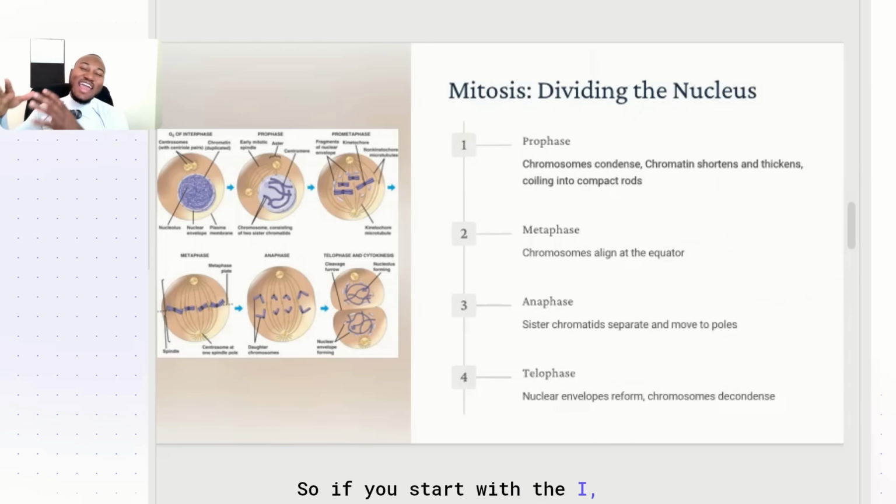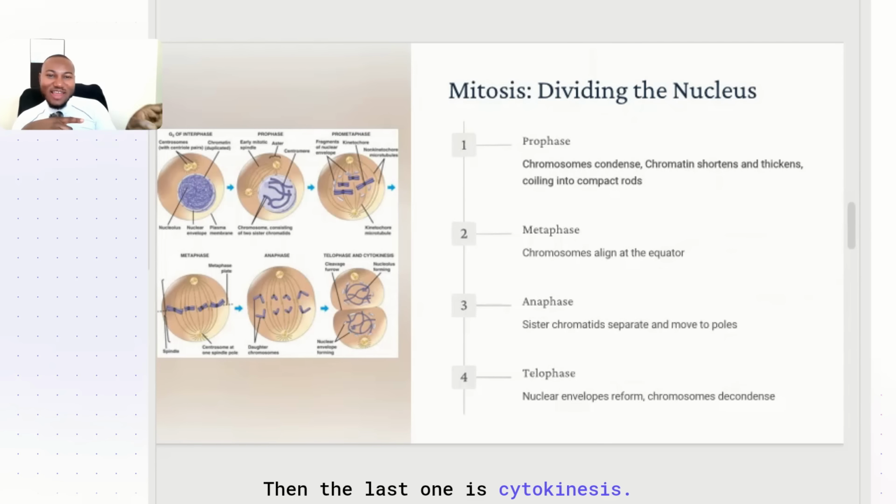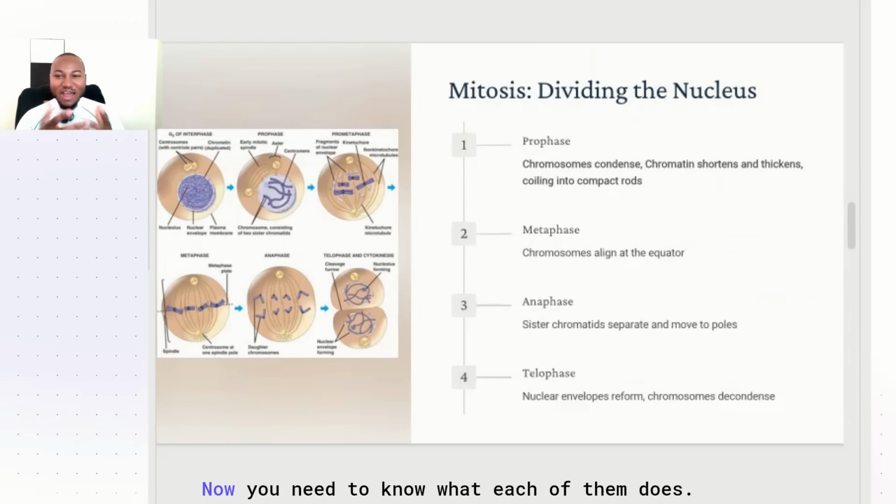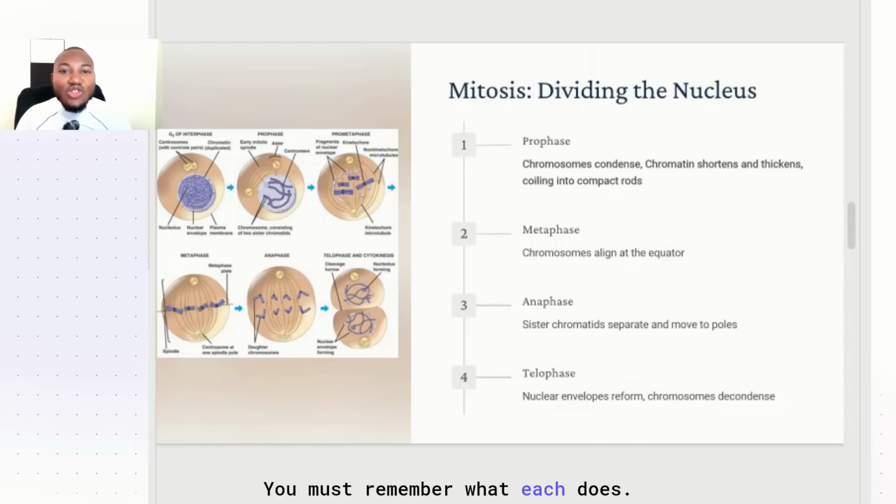If you start with the I, that's interphase, that's G1, S, G2. Interphase. I passed my anatomy test. Then the last one is cytokinesis completely. I need you to remember this. Very, very important. Now, you need to know what each of them does. We have the prophase, metaphase, anaphase, and telophase. You must remember what each does.